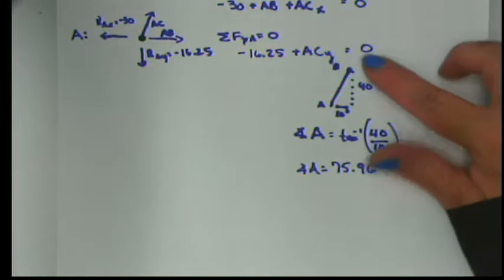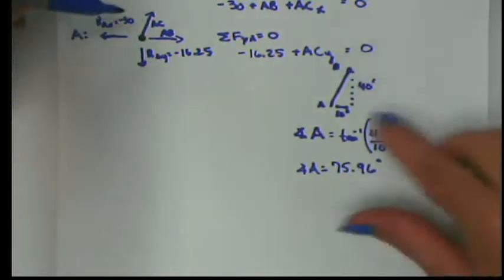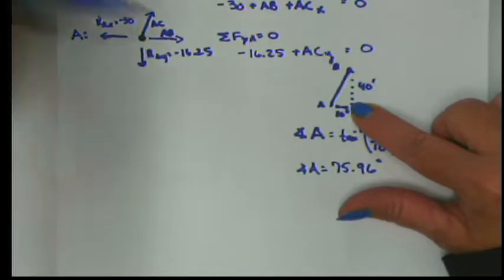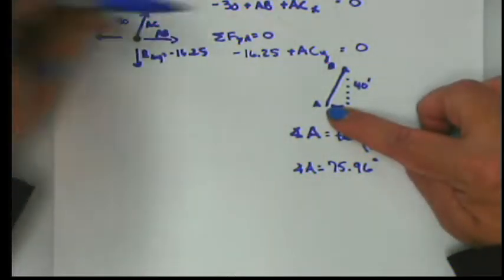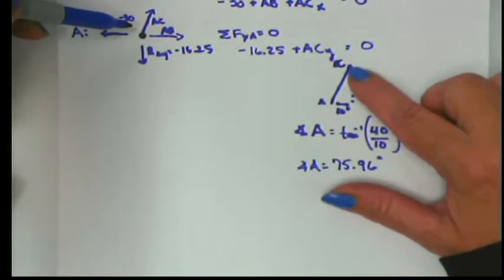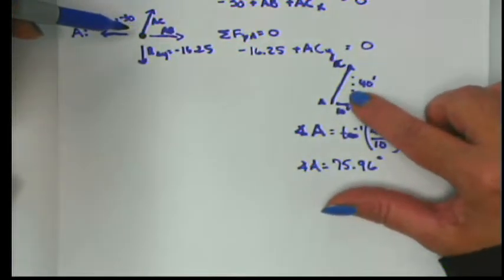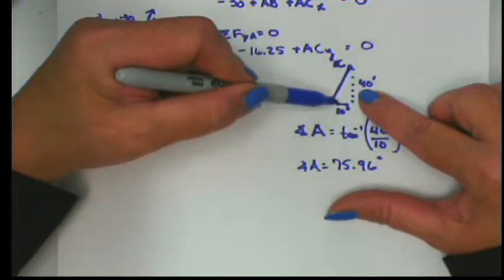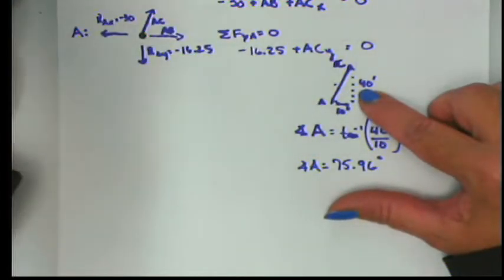All right, so now that we know that angle, we know that the force has to be directed along the structural member, we can determine what the AC component is in the y direction. Or B, that should be C, sorry. So from A to C, in the y direction, we're looking at the opposite to that angle over the hypotenuse, which is sine, correct?